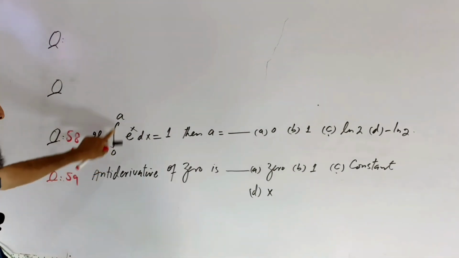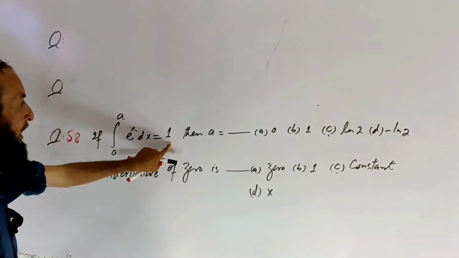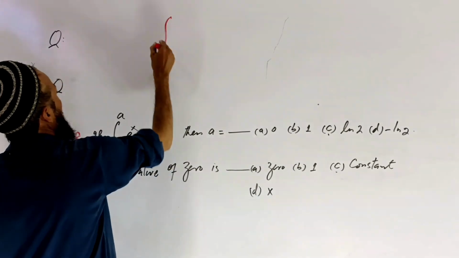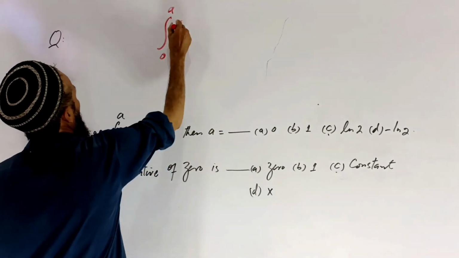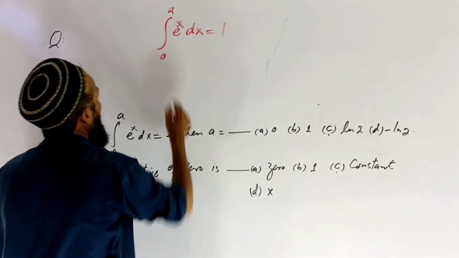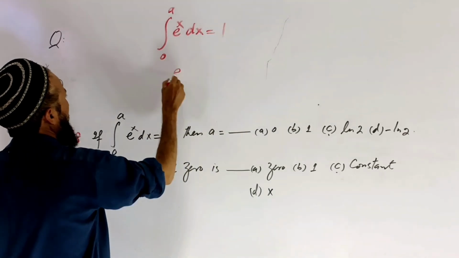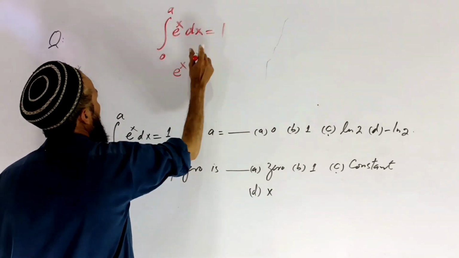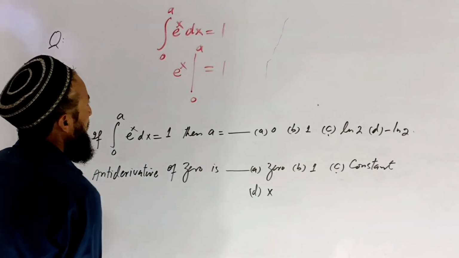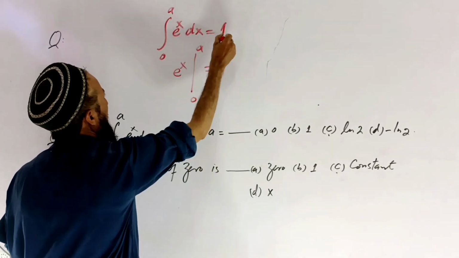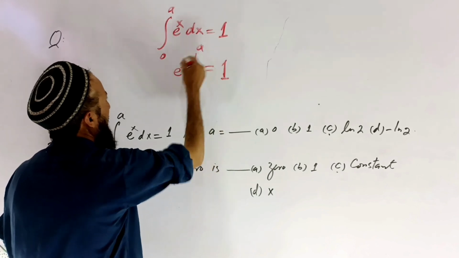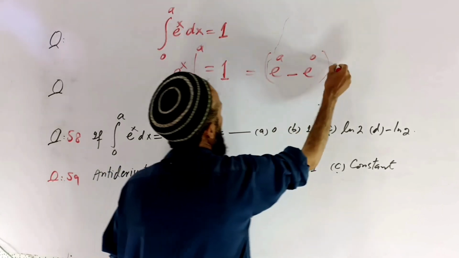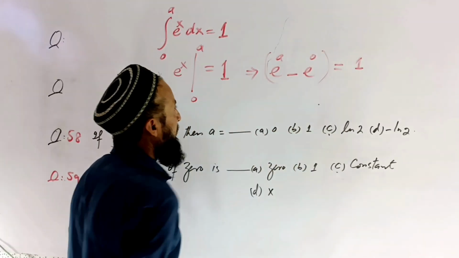The condition is given: integration from 0 up to a of e power x dx is equal to 1. Then what is the result of a? As we know, integration of e power x is e power x. If we apply the limit, we can write e power a minus e power 0 is equal to 1.